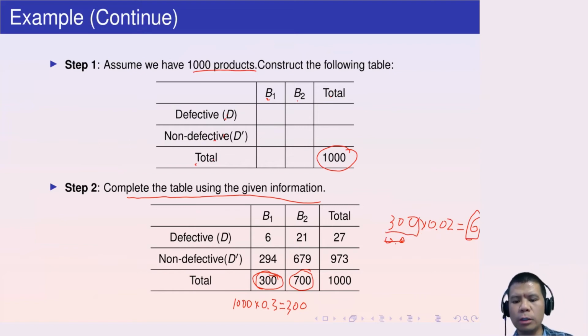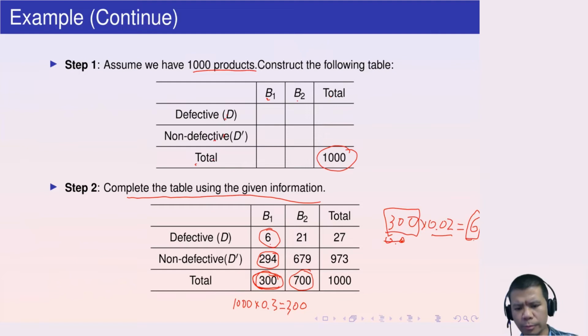Among the 300 made by B1, 2% are defective, so 300 times 0.02 is 6. So we have 6 defective ones made by B1. Since in total that's 300, we have 294 products made by B1 that are non-defective, the good ones.